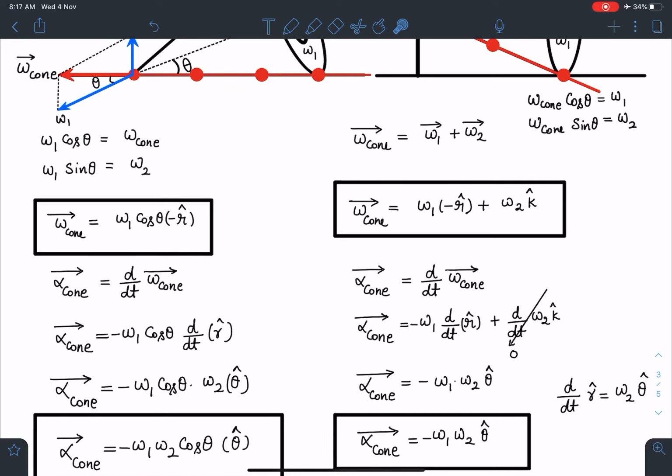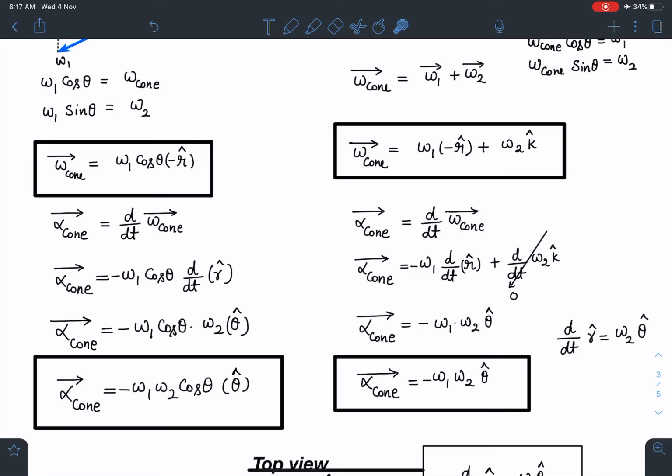There I have discussed polar coordinates and how d by dt of r cap is omega theta cap, and similarly d by dt of theta cap is minus omega r cap. So it becomes very simple here, and alpha of cone in the first case is minus omega 1 omega 2 cos theta times theta cap.